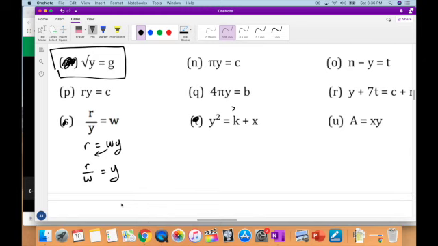Yeah, it makes sense. And what about the first way that we did it? Did that make sense to you? Yeah. Right, so we have many ways to do these things. Okay.